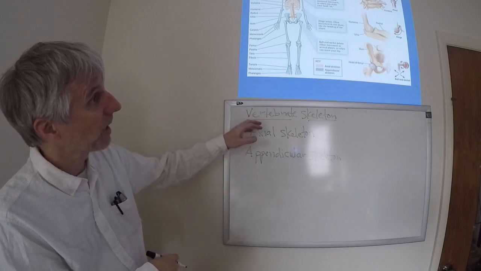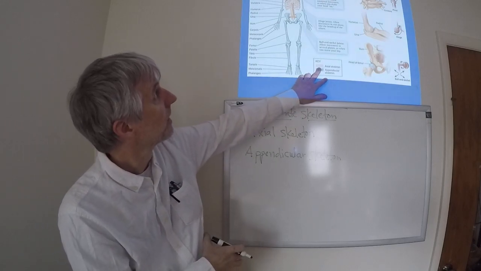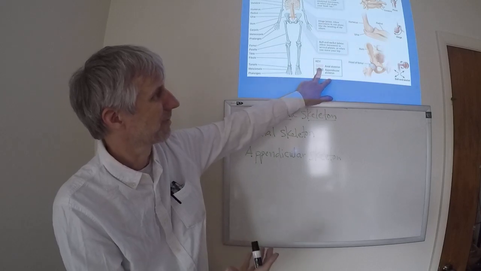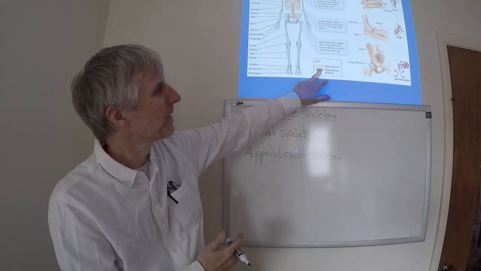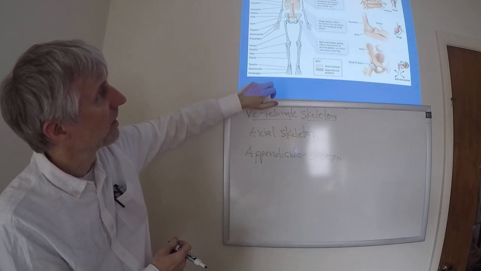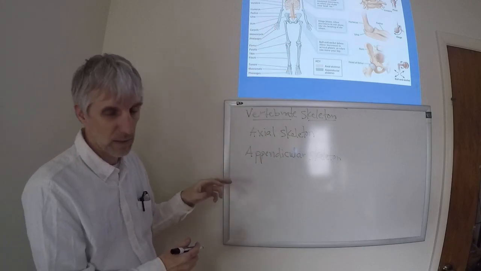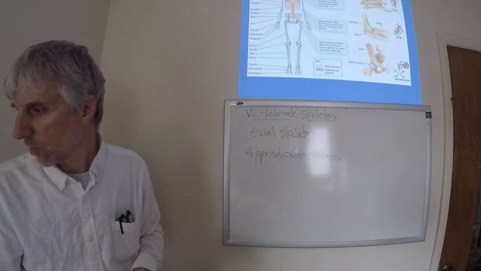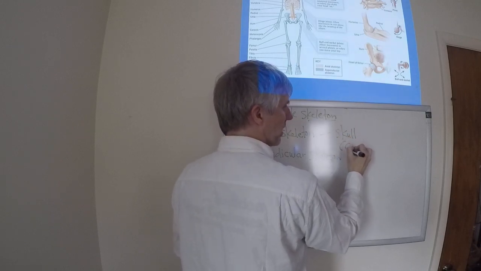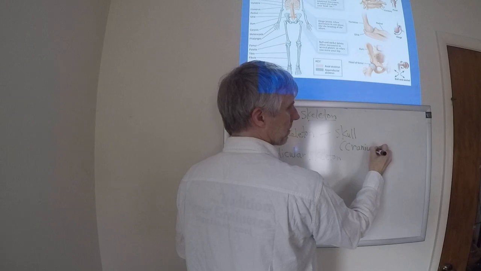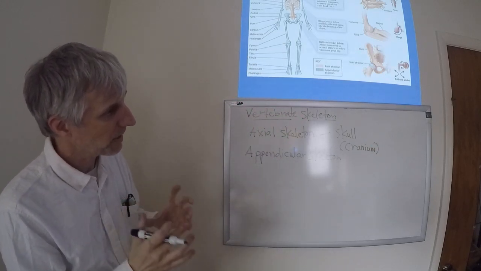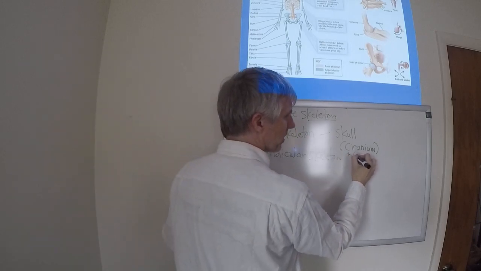In my diagram here, the axial skeleton is labeled in a tannish brown, and then this more bluish green is the appendicular skeleton. So if you look there, the axial skeleton would include the skull, otherwise known as the cranium, plus the facial bones.